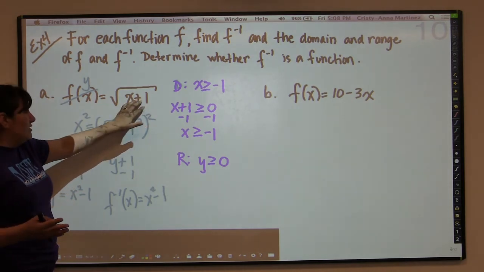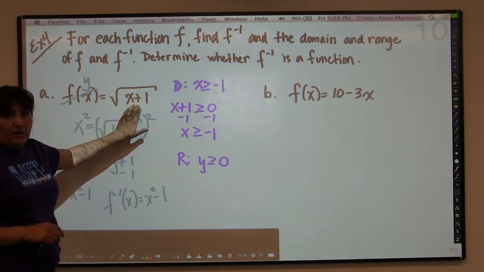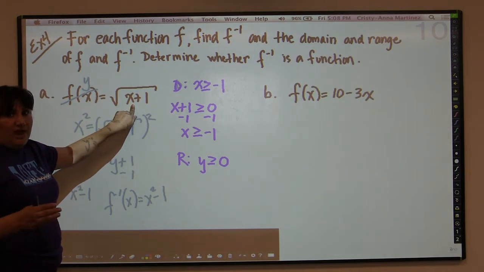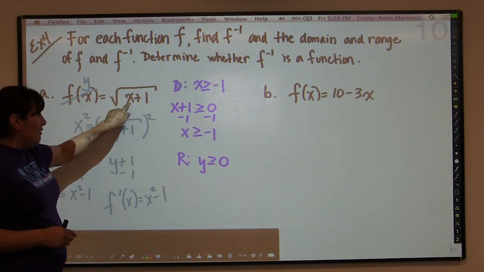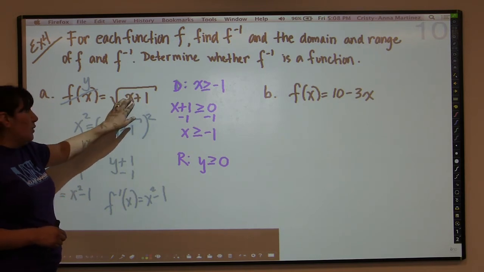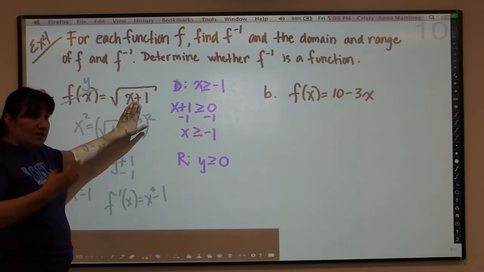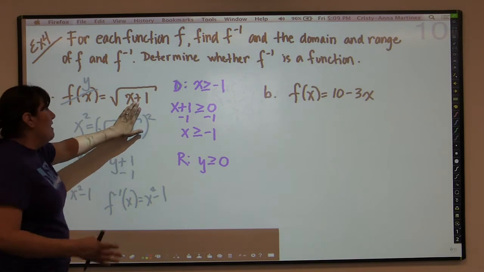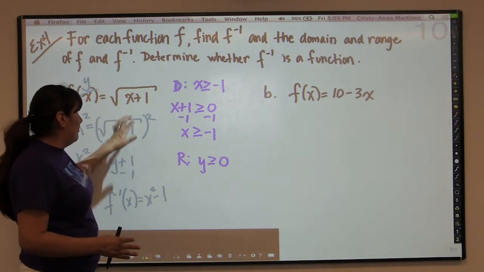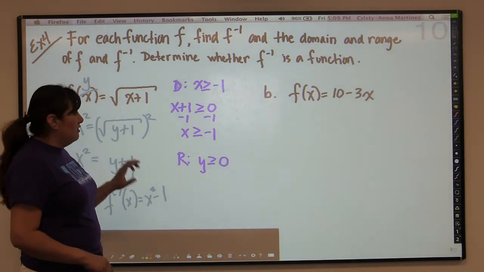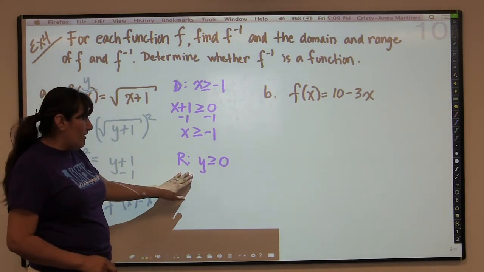You can't put negatives in here, so the square root of a negative number won't even happen. You can put 0. If you put negative 1 in here for x, negative 1 plus 1 will be 0, so the square root of 0 is 0. So it's possible for the output to be 0, and it's possible for the output to be positive, but it's never possible for the output of this function to be negative. So for that reason, the range is greater than or equal to 0.